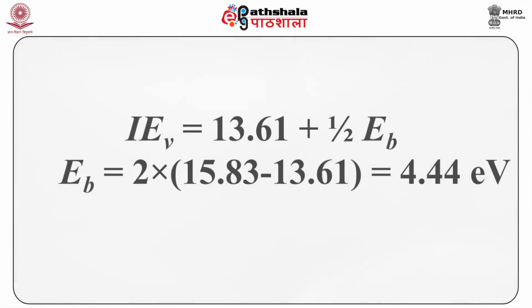That means the vertical ionization energy is equal to 13.61 plus half EB, where EB is the binding energy, and that means EB is equal to twice into 15.83, which we had obtained experimentally, minus 13.61, and this is 4.44 electron volt, which compares well with the thermochemical value of 4.48 electron volt.